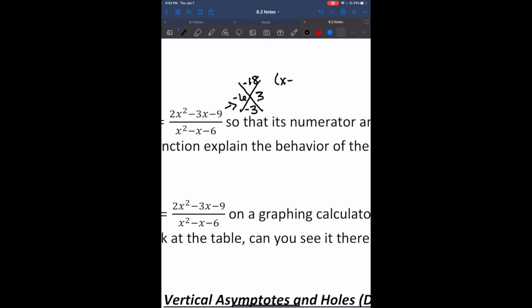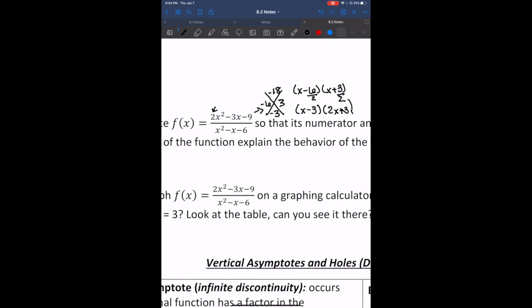And then because our a value is greater than 1, we divide our factors by a. And you can see we end up with x minus 3 times, bottoms up, 2x plus 3.